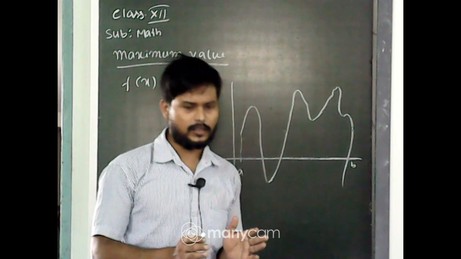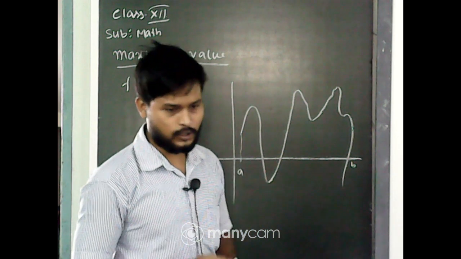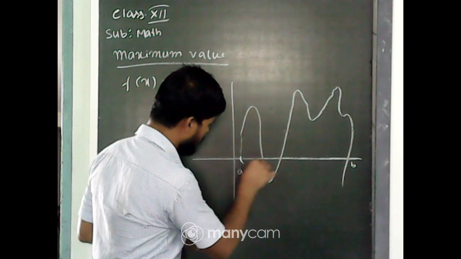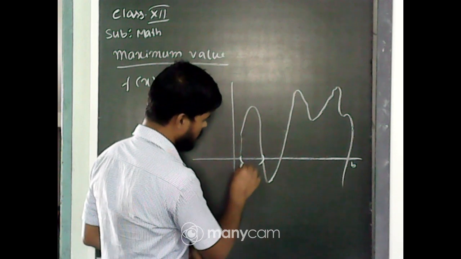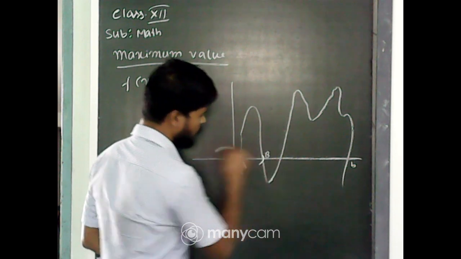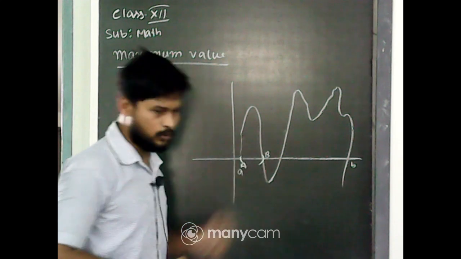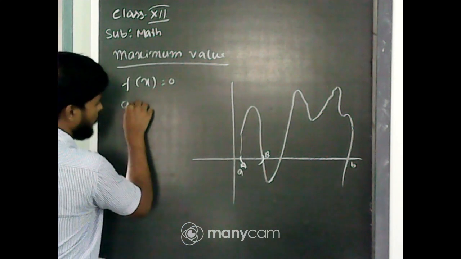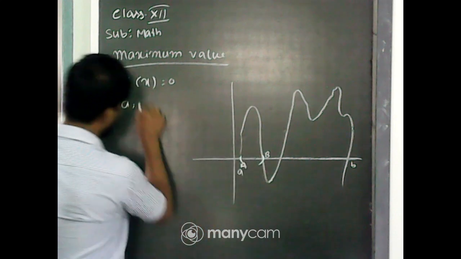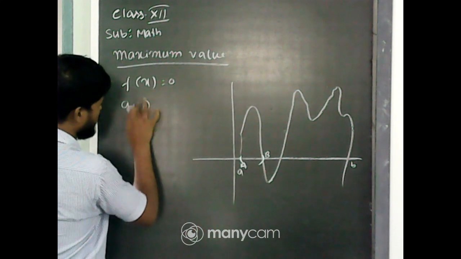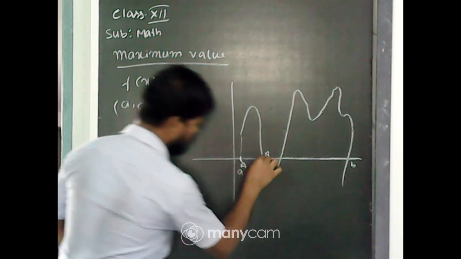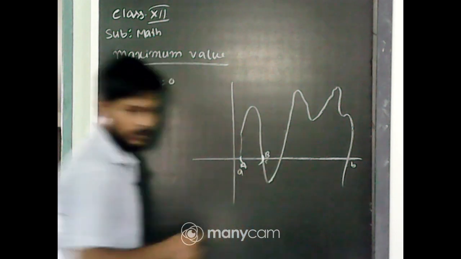Now, we consider a very small part of its domain. Suppose we are considering this part, between point a and point b, means we are considering the open interval a, b. Suppose this is the c point, at x equal to c.